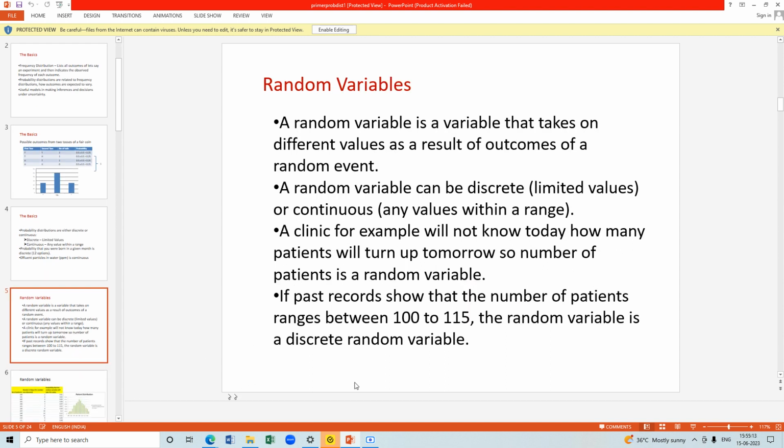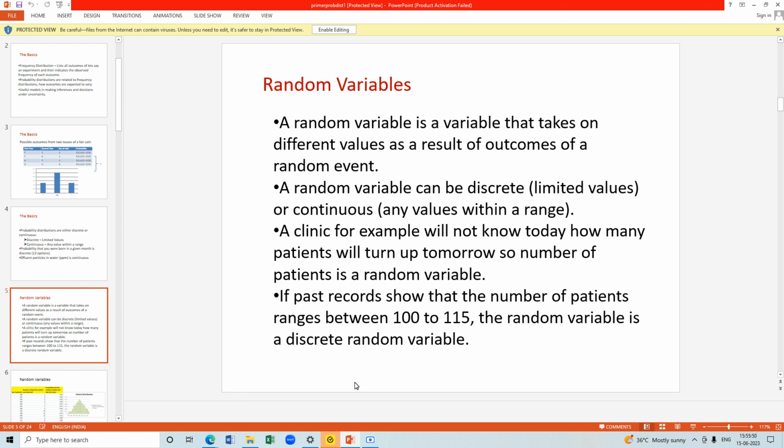Now what is a random variable? A random variable is a variable that takes different values as a result of the outcomes of a random event. Like distributions, random variables can be discrete, which means they have a limited set of values, or continuous, which means they can take any value within a range. For example, a clinic in a town does not know today how many patients will turn up tomorrow. So the number of patients is a random variable.